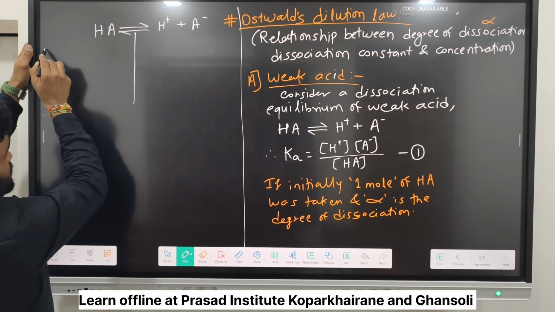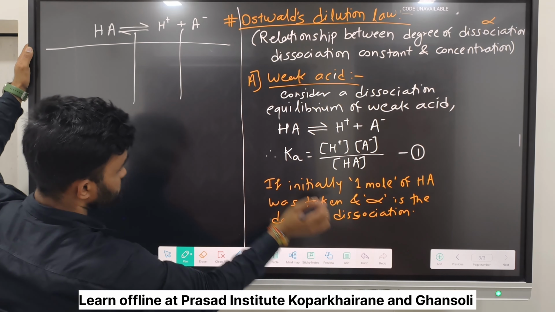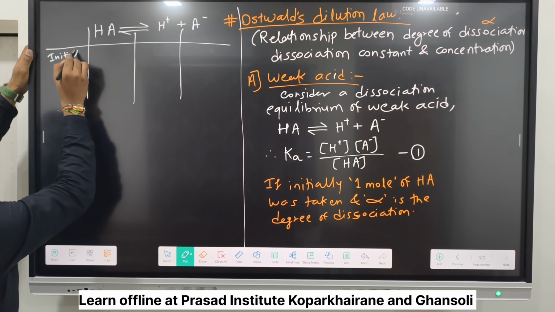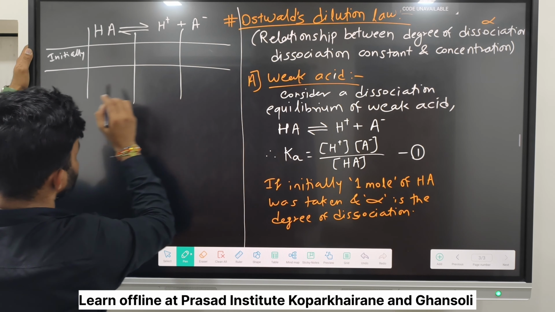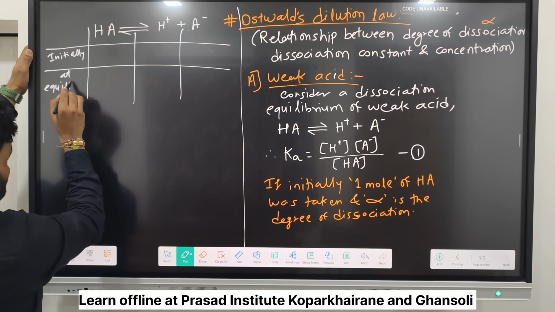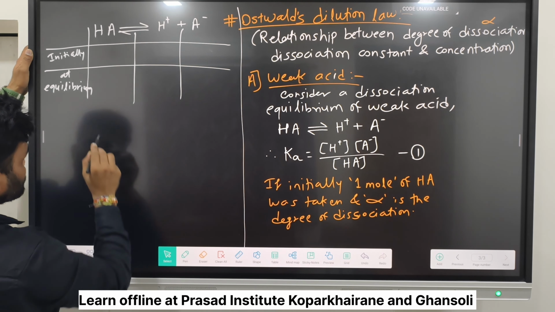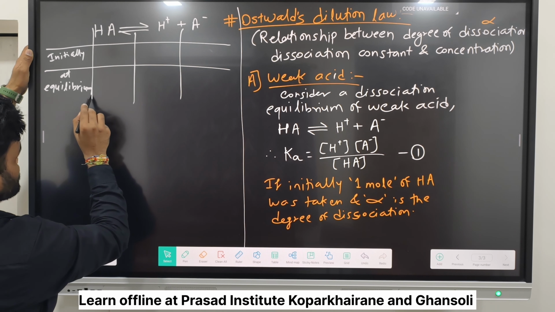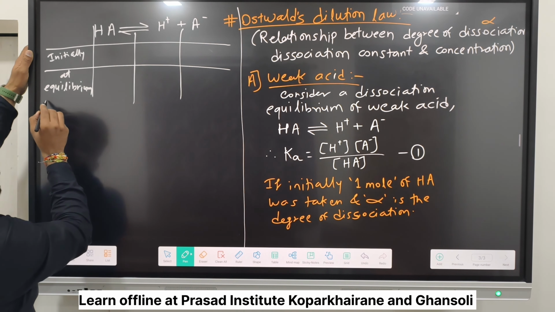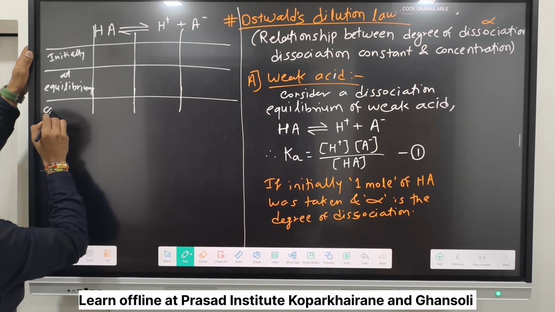आता एक छोटासा आपण टेबल ड्रॉ करून घेऊया. This says initially, then at equilibrium, then concentration.